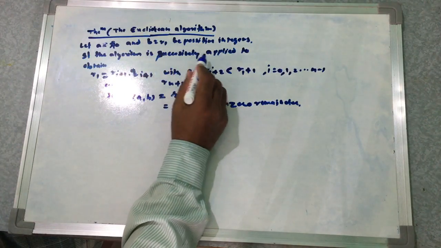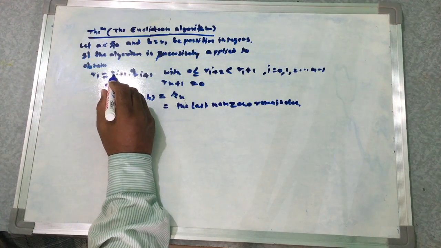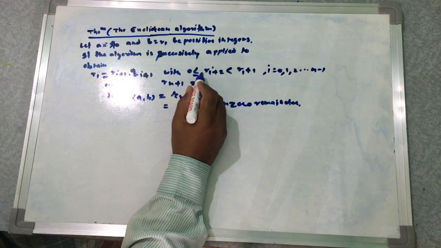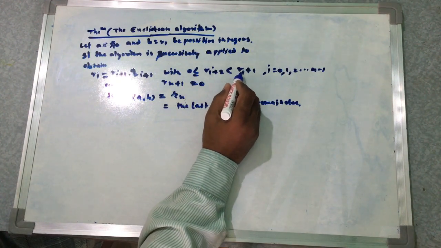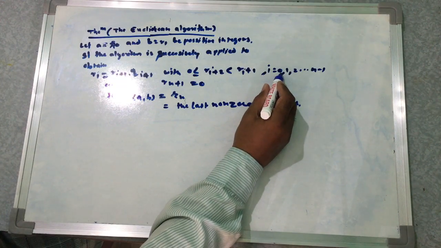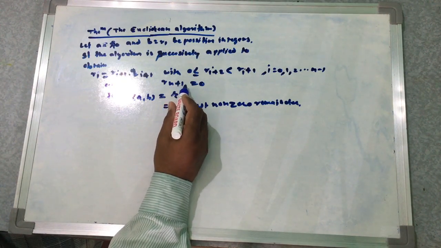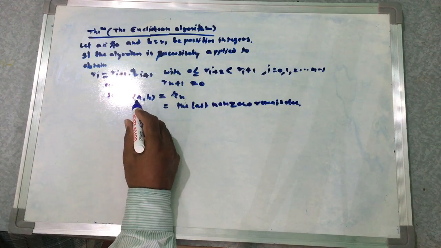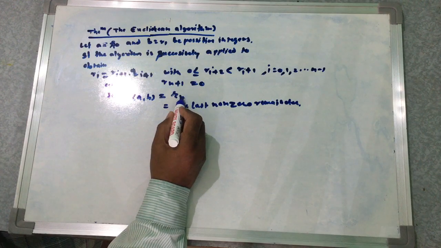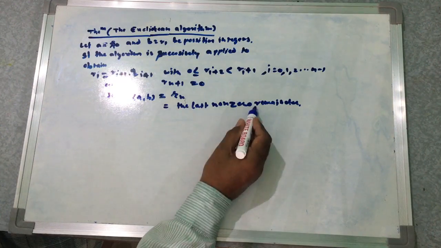If the division algorithm is successfully applied to obtain r_i = r_{i+1} q_{i+1} + r_{i+2} with the condition 0 ≤ r_{i+2} < r_{i+1}, for i = 0, 1, 2, up to n−1, and r_{n+1} = 0, then gcd(a, b) equals the last non-zero remainder, that is r_n. Yes, gcd(a, b) = r_n, where r_n is the last non-zero remainder.